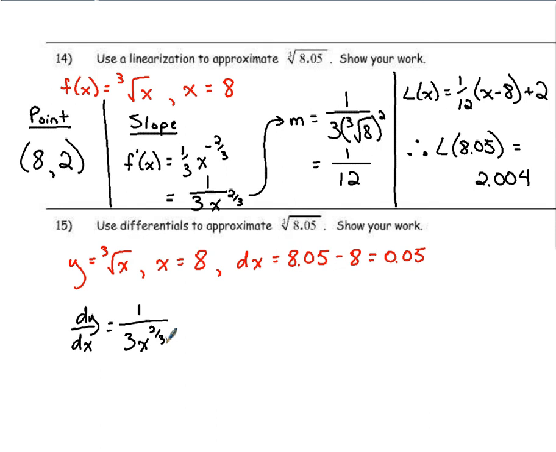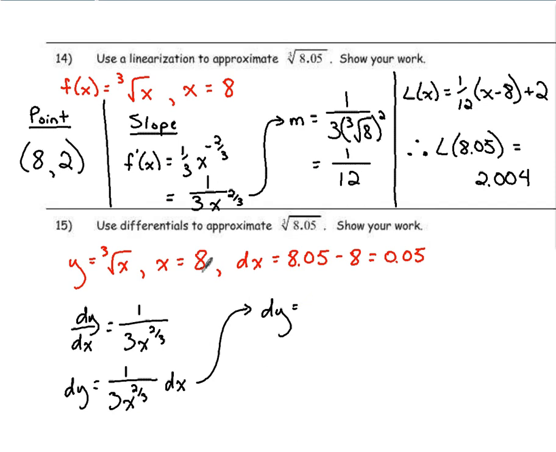Now, what you want to do at this point is solve for dy. When you solve for dy, you multiply both sides by dx, so the dx swings over to the other side. And at this point, we are now ready to plug in for some variables. One variable we're plugging in for is x.